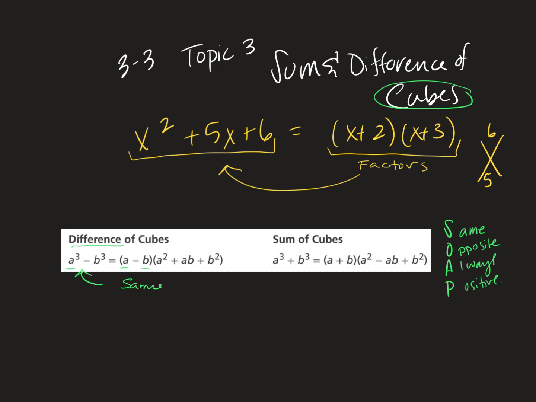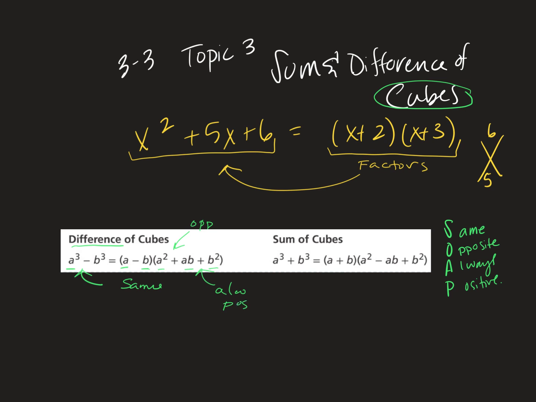Then it's always going to be a squared plus ab plus b squared. So a squared, ab, b squared. A minus b, a squared plus ab plus b squared. So same sign, opposite sign, and then the last one is always positive.